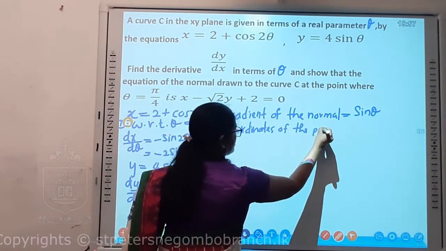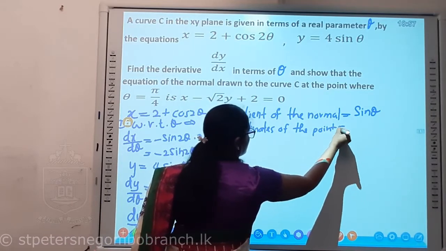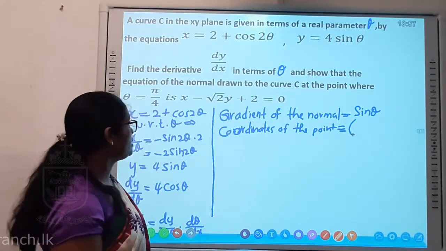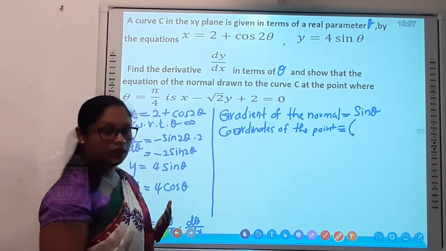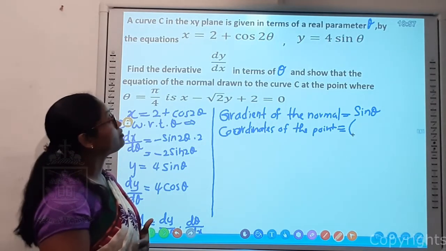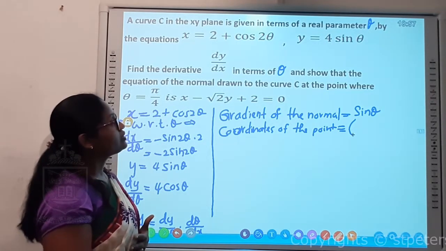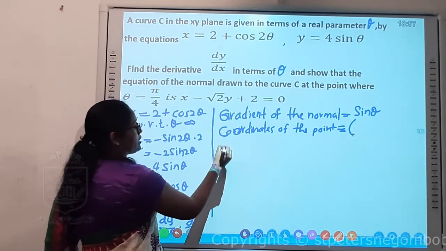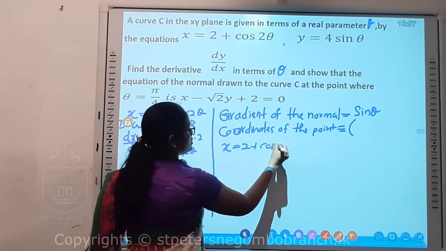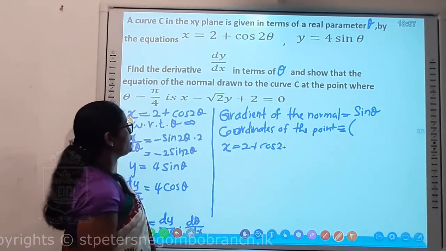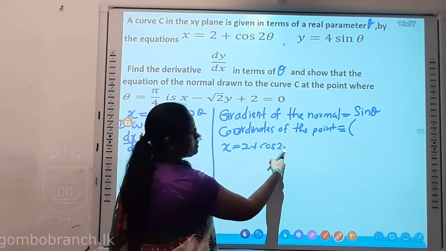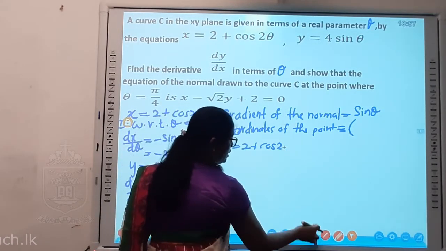We will find the x coordinate. To find the x coordinate, the parametric value is pi by 4. We replace pi by 4 into the initial equation x equals 2 plus cos 2 theta. Theta is pi by 4. Once I simplify here, pi by 4 times 2 means that will be pi by 2, right?